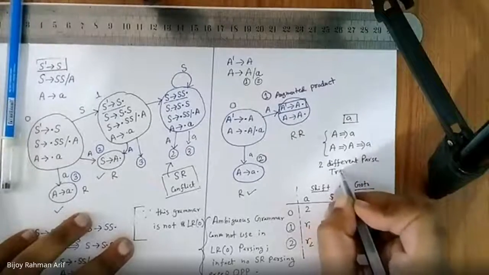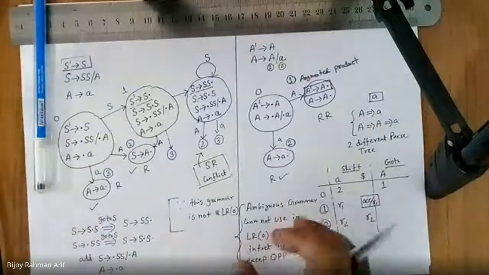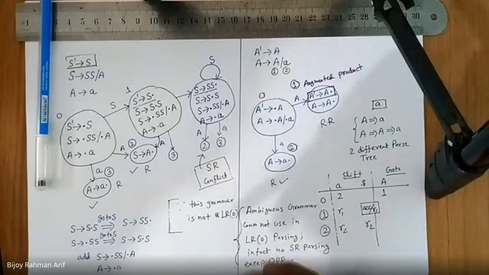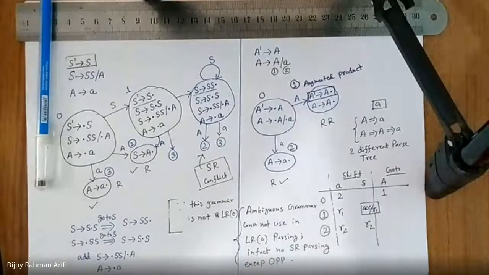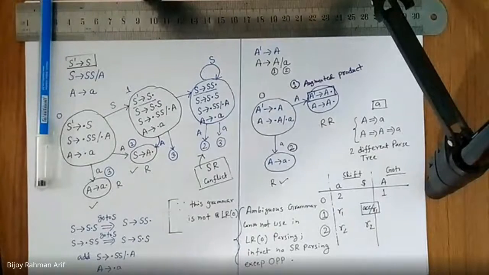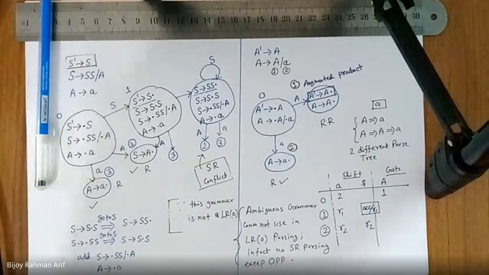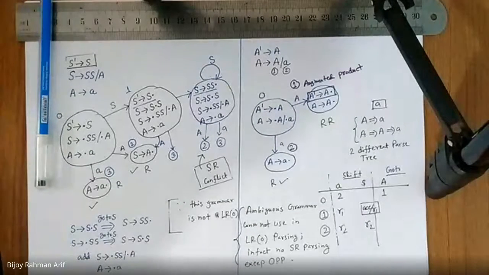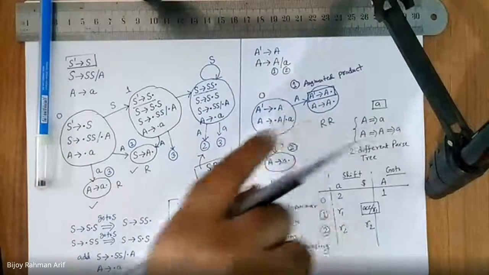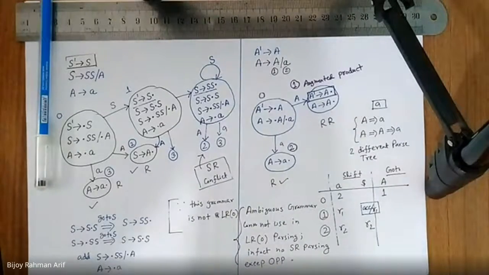Now, at the very beginning of the parsing classes, we already told that ambiguous grammar cannot be used in SR. In fact, no parser can use ambiguous grammar except operator precedence grammar. There are also a lot of catches. So ambiguous grammar is useless. Why is it useless? What is wrong with ambiguous grammar? If we go through this process of state transition diagram and table, what happens to ambiguous grammar?